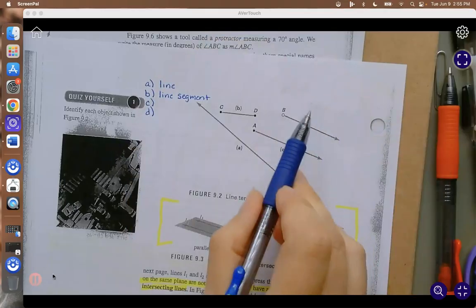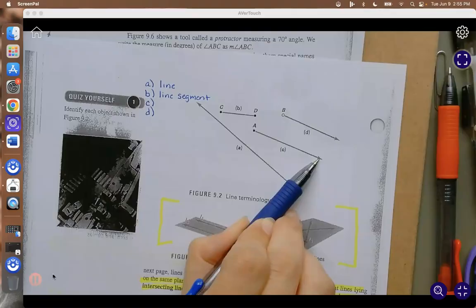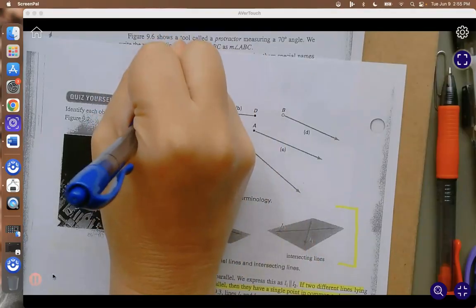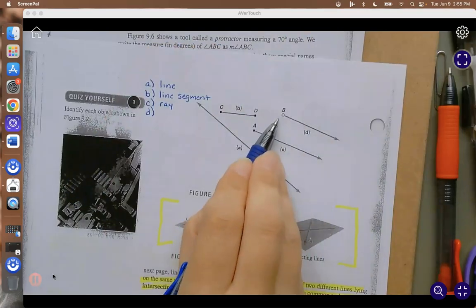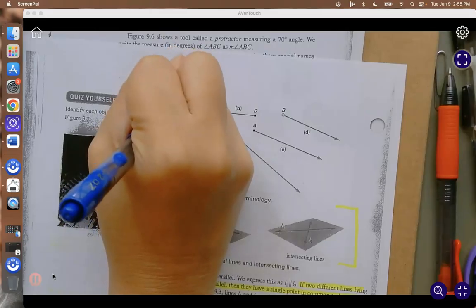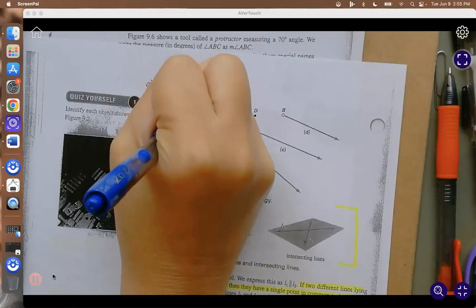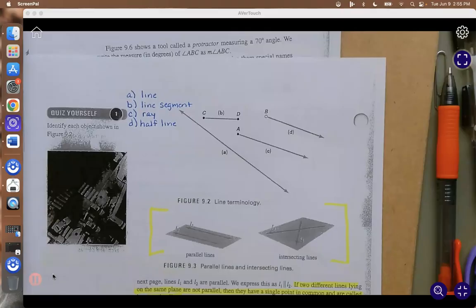C has an endpoint and it goes on in another direction with that endpoint included. So this is a ray. And D is similar, but the endpoint's not included, so this is called a half line. That might be a new phrase for you, because it's not one we talk about often.